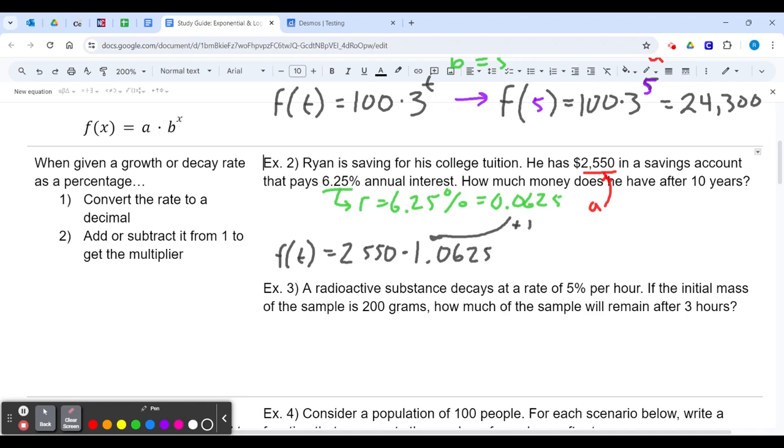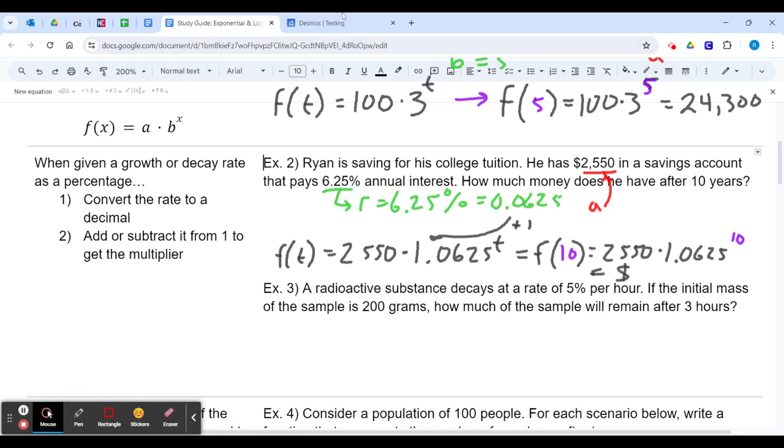And then we want to raise it to that t power. And then if we're plugging this in to find out how much money he has after 10 years, we can just simply plug in f of 10, that 2550 times that nasty decimal, 1.0625, and that goes to the 10th power. I'm running out of space here. I apologize for that. I'll throw my dollar sign here, but let's throw this into Desmos and see what we get.